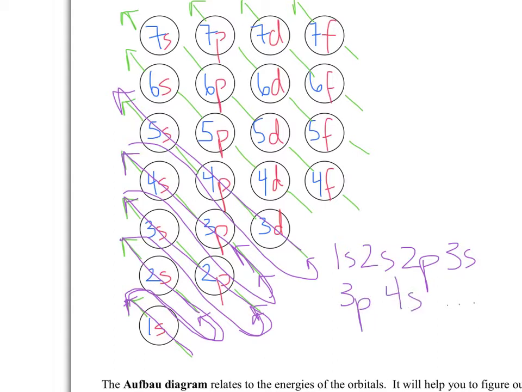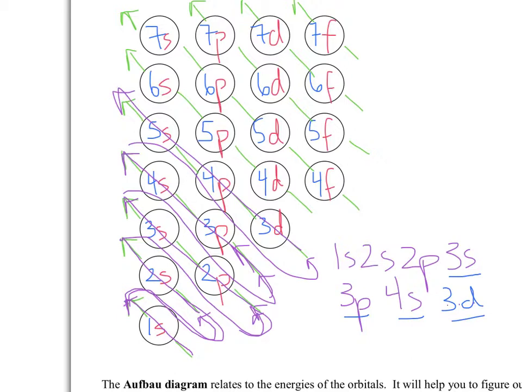So here we see that after 3s, 3p, 4s, we then get the 3d. This was where we had the first overlap. And that's how we can figure out how the 4s comes before the 3d.